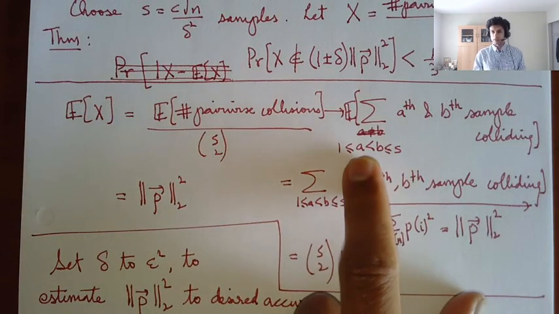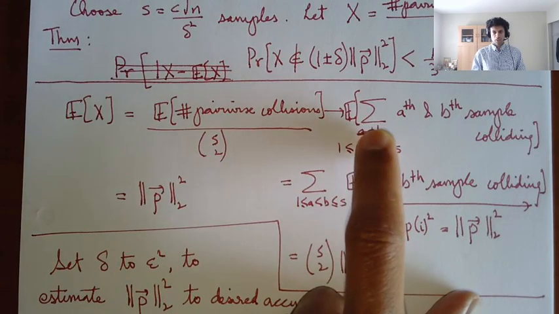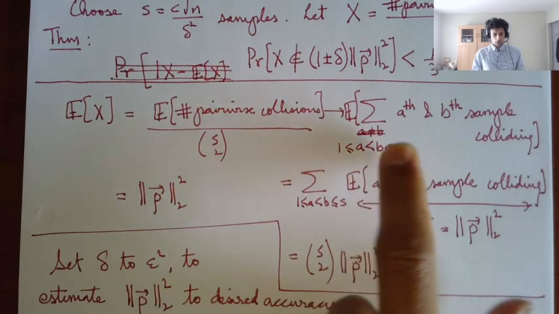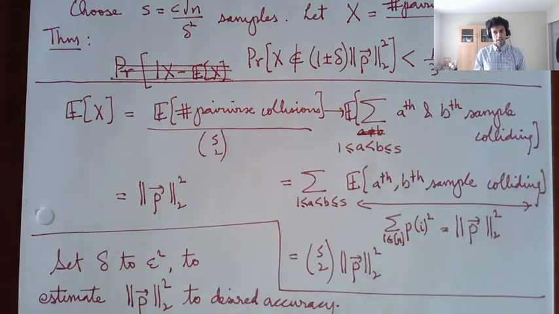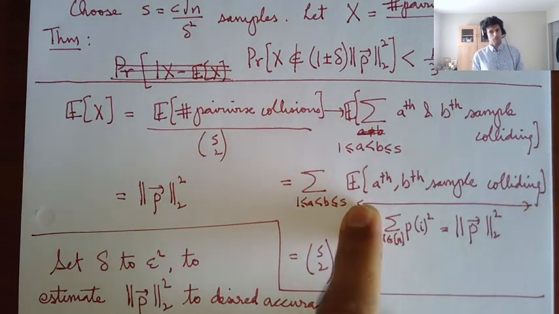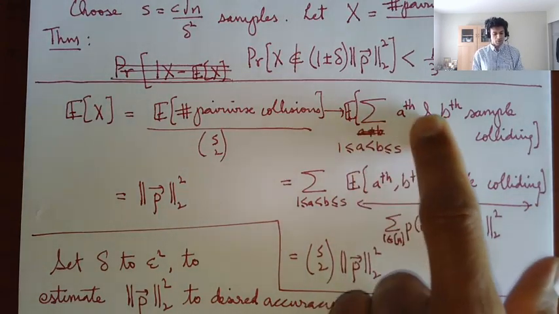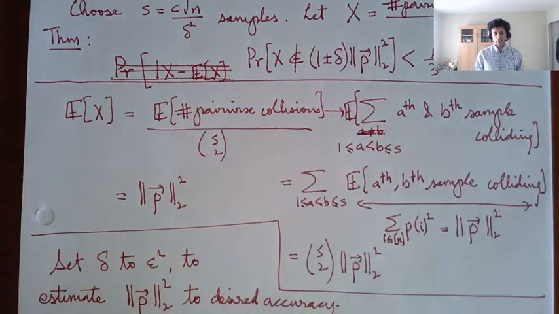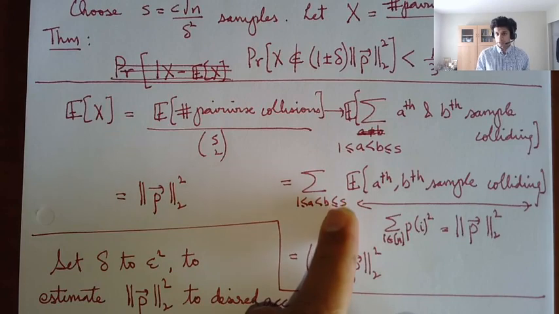These are independently drawn. Now the expectation of the sum over a less than b of the ath and bth sample colliding. What is the probability that the ath ball and the bth ball end up in the same bin? By linearity of expectation. Now this is really important: the events, the ath and bth sample colliding, are correlated events. On the other hand, I can just use linearity of expectation.